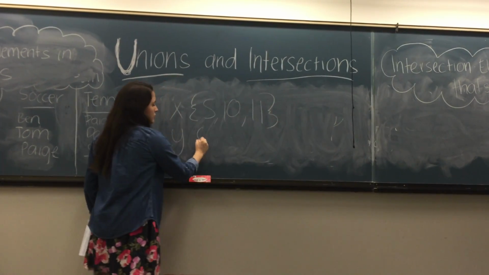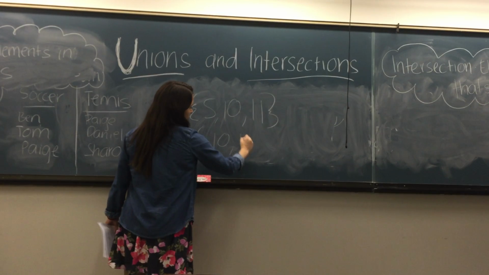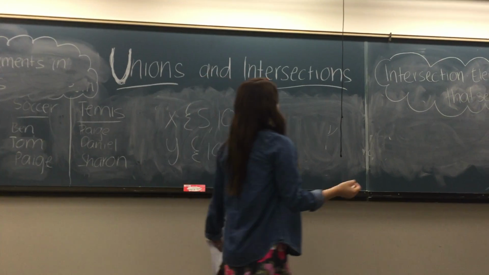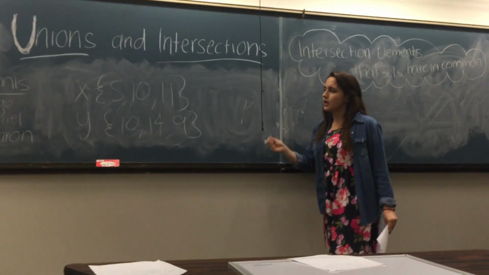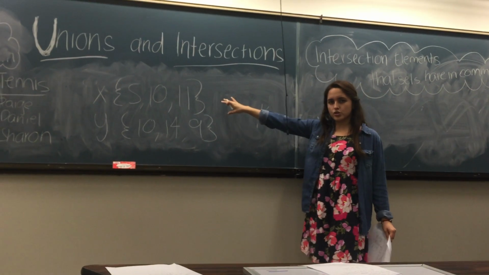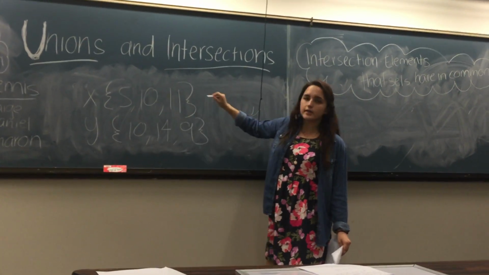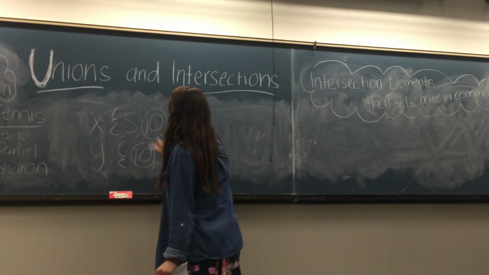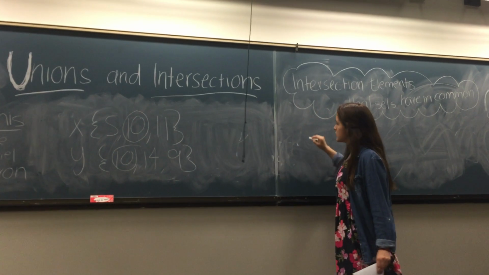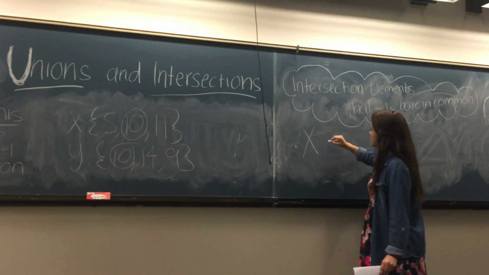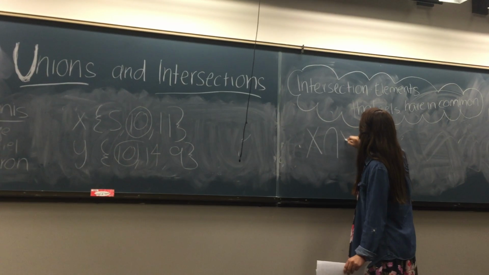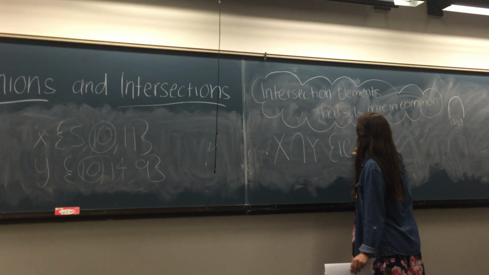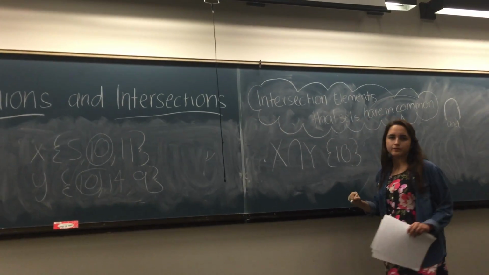Set y includes 10, 14, and 9. Now the intersection is which number is in both set x and set y. It's number 10, correct? Okay, so now we're going to write the intersection of set x and set y is number 10, just how we did it with the last example.